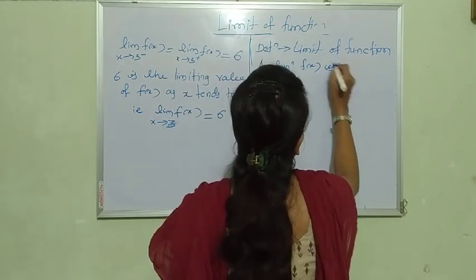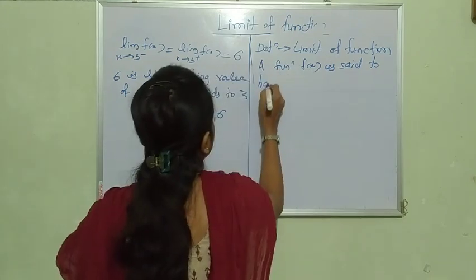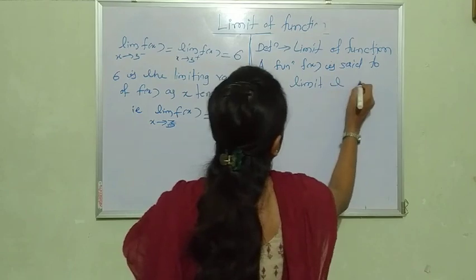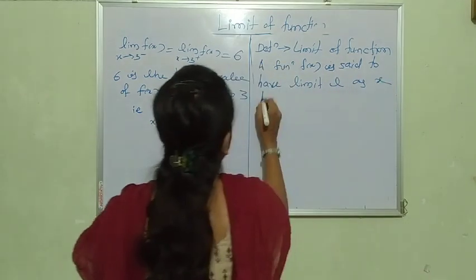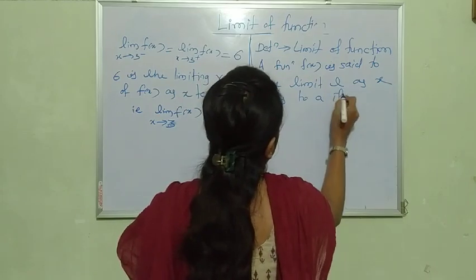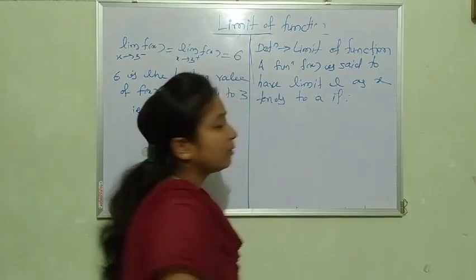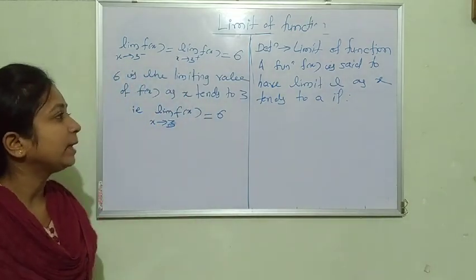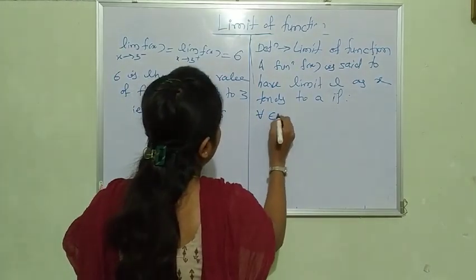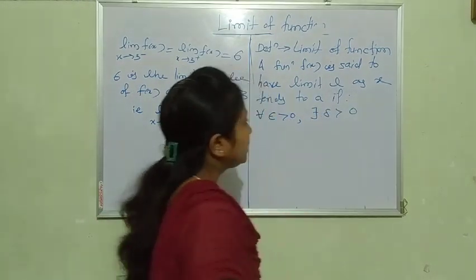A function f of x is said to have limit L as x tends to a if for every epsilon greater than 0 there exists delta greater than 0.